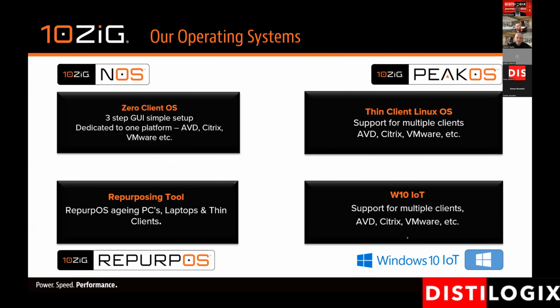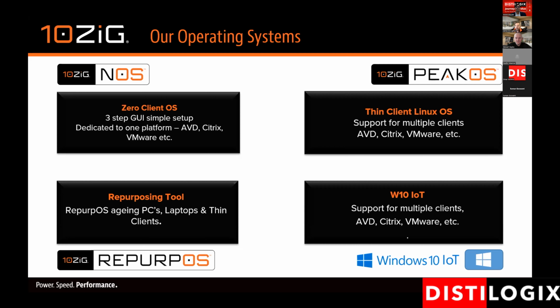We have our hardware, operating systems, and Repurpose as well. In terms of our operating systems, when we sell thin client hardware, the majority of those devices that are shipped have this operating system called NOS, and then others have PeakOS. The real difference between the two is that the zero client OS is focused on just one solution, so just AVD or Citrix or VMware Horizon. PeakOS has everything inside it. They're both very secure.